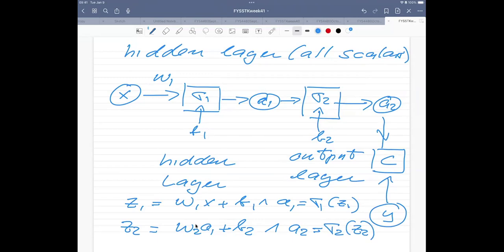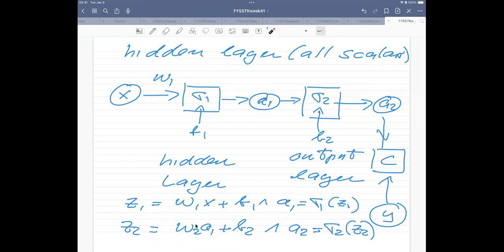Okay. So these are the models which I'm setting up. I haven't specified the sigmas. This could be the sigmoid, it could be other functions, but I'm assuming now that there is some kind of linear behavior. But what you see now is that due to this aspect here, this becomes a nonlinear function. So A2 becomes a nonlinear function in terms of the parameters W1, W2, B1, and B2.